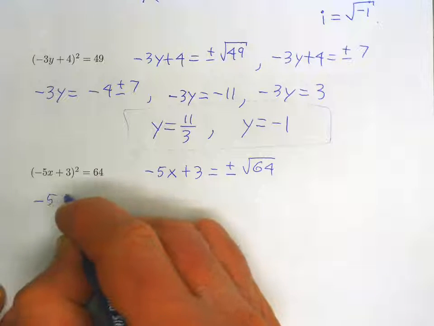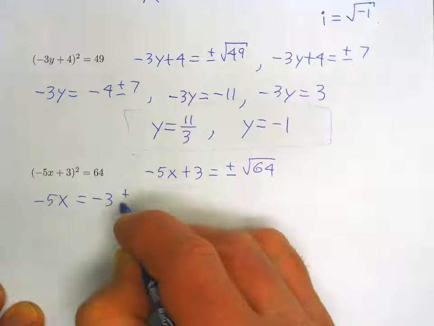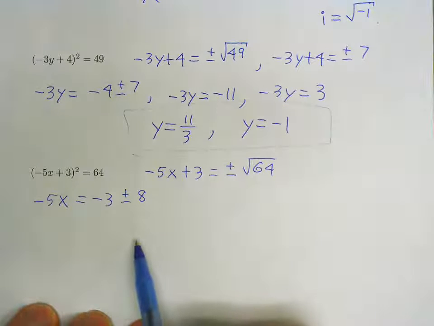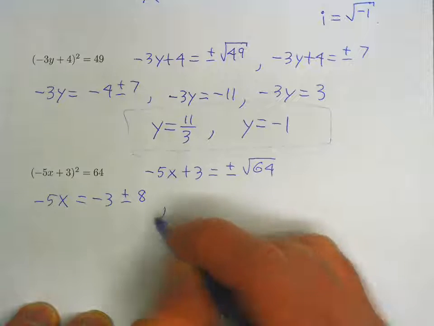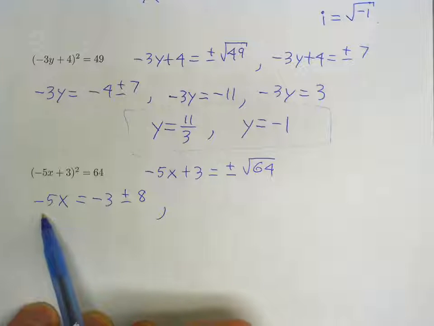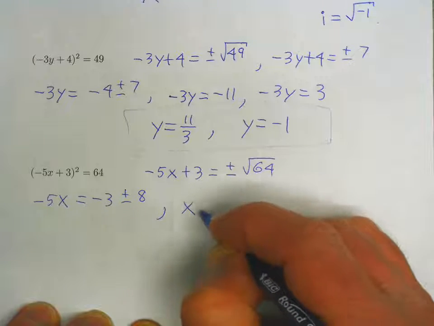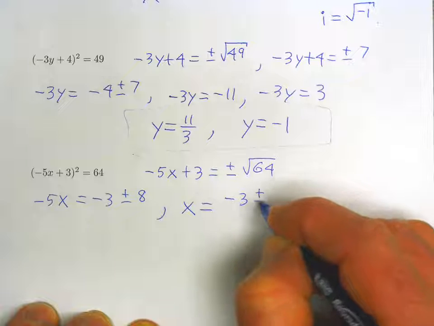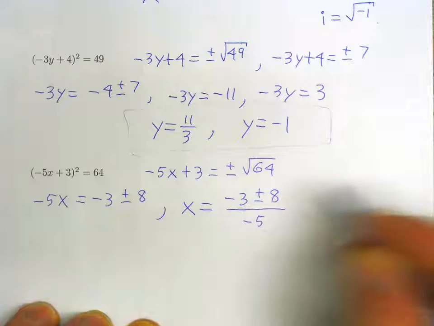Negative 5x equals negative 3 plus and minus 8. So we have a situation similar to the previous example. This time I'll do it a little differently. I'll divide every term on both sides by negative 5 first. So x equals negative 3 plus and minus 8, all divided by negative 5.